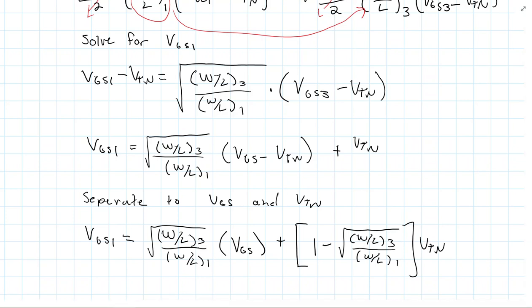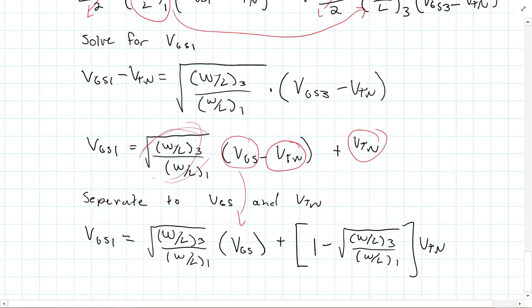To make sure this is right for this term, I have a minus here and this. If I factor out the VTN, that's where the plus 1 comes from, but then it's minus VTN times this quantity here, which is why I get that times VTN.